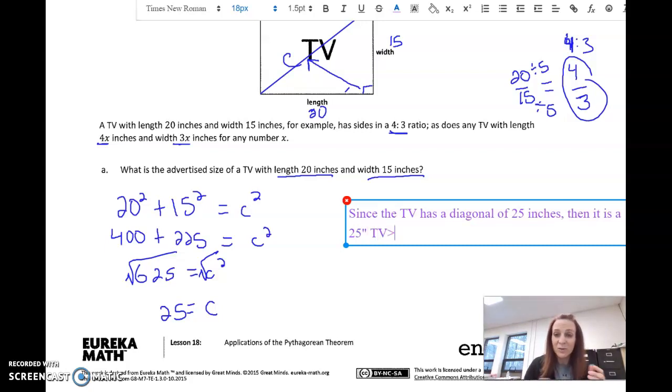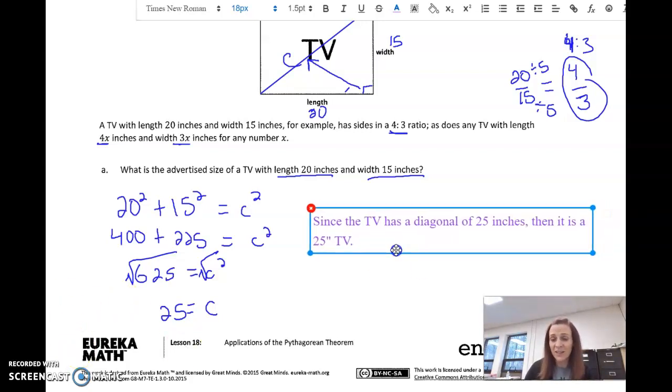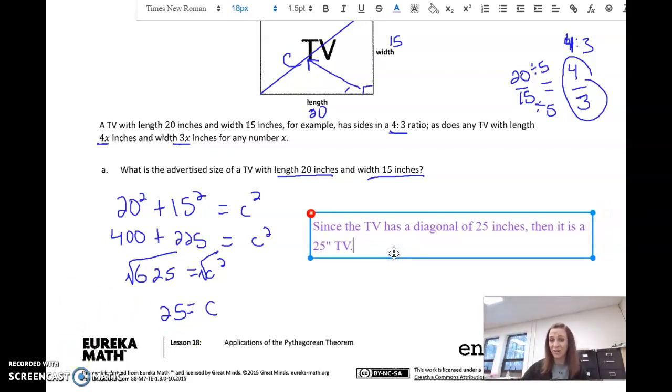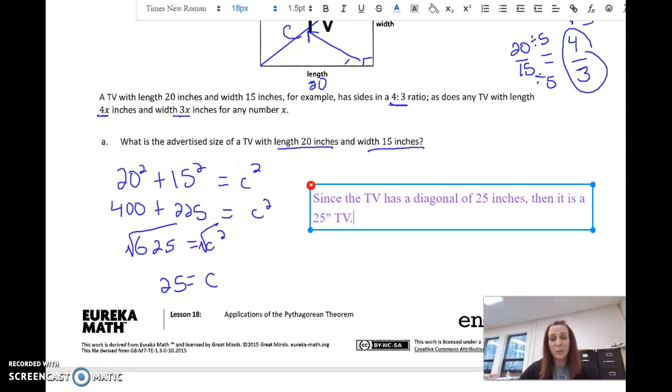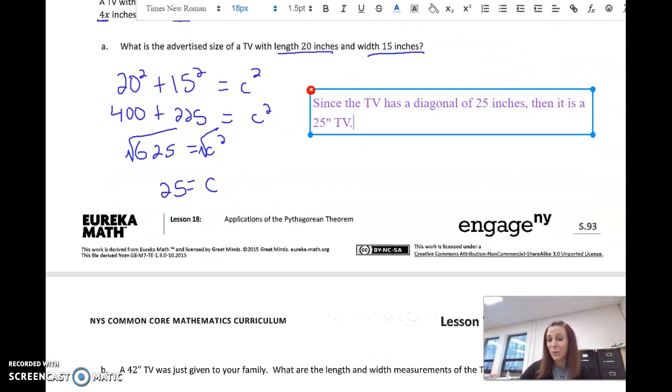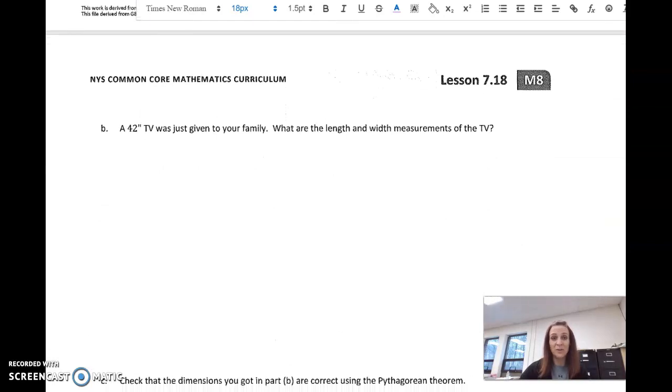Okay, so when you see that, again, a 25-inch TV, a 70-inch TV, whatever, it's talking about the diagonal. Okay, so now let's use that knowledge to deal with those ratios again. 4x and 3x. When you divide the length by width, it should simplify to 4/3.